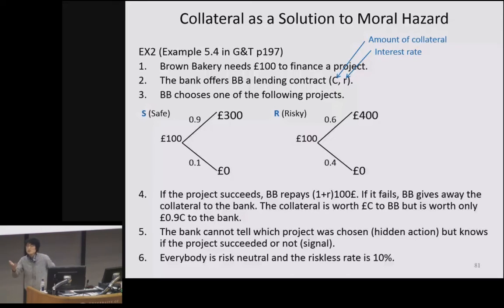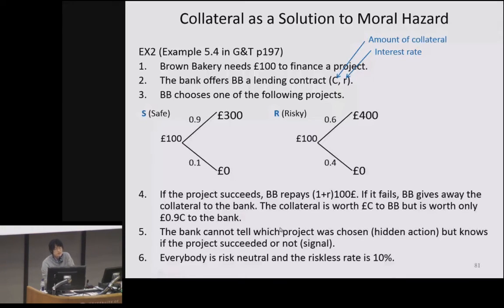Like your car, your computer, worth more to you than to other people. And Brown Bakery's machines and equipment and ovens are worth more to them than to the bank. So we assume that the collateral is worth only 0.9 C pounds to the bank.